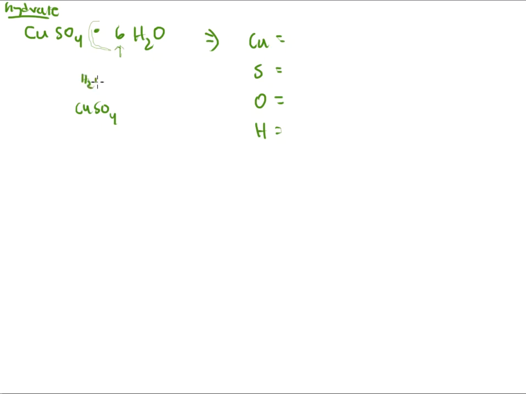So there's actually a water molecule here, and maybe a second one, and maybe a third one, and maybe a fourth one, and maybe a fifth one, and maybe a sixth one, right? So there are my 6 water molecules. Here's 1, there's 2, there's 3, there's 4, there's 5, and there's 6.